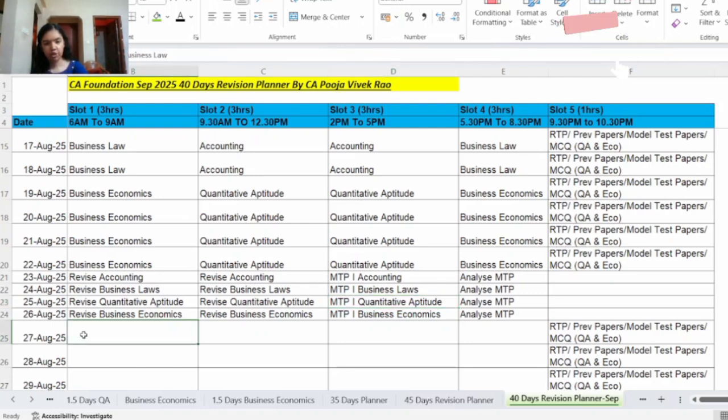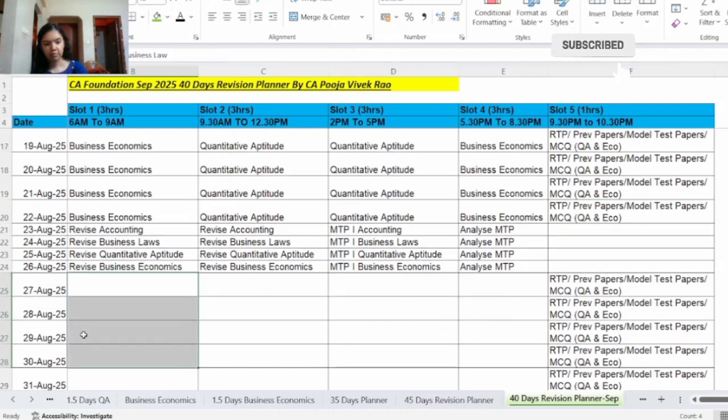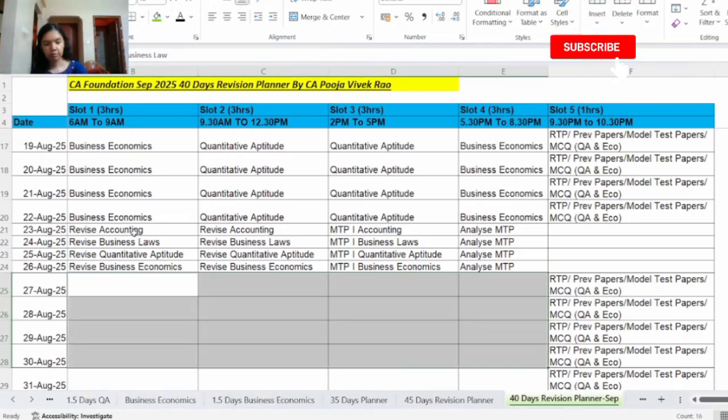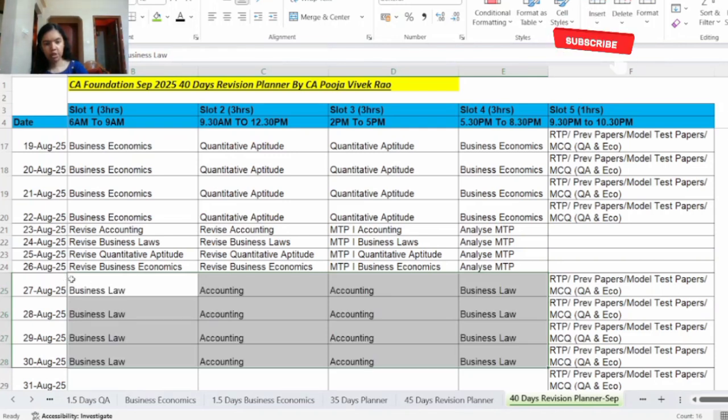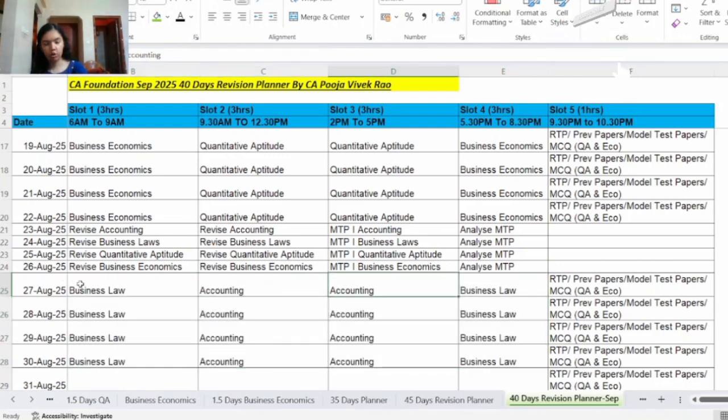Now from 27th August, the third part of your plan will start. Here you will be studying the other chapters, and plus also whatever analysis you have made from the mock test paper series 1, you will try to work on those areas as well. Here you will revise business law and accounting.